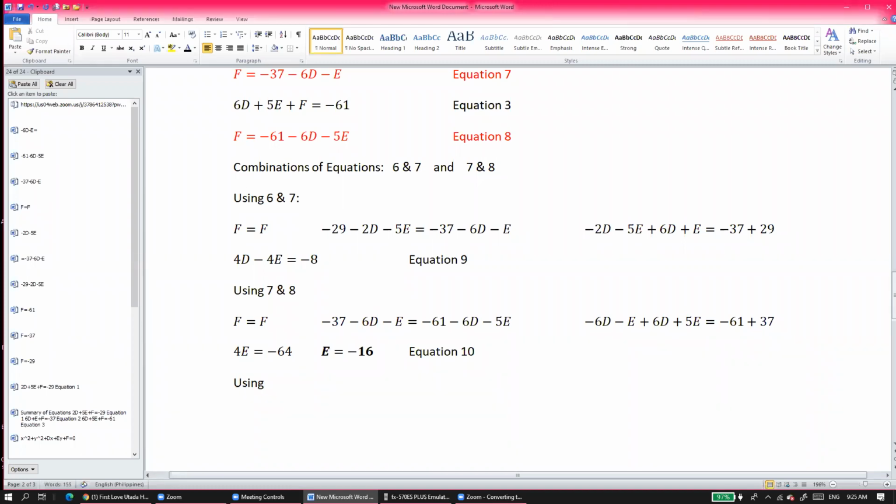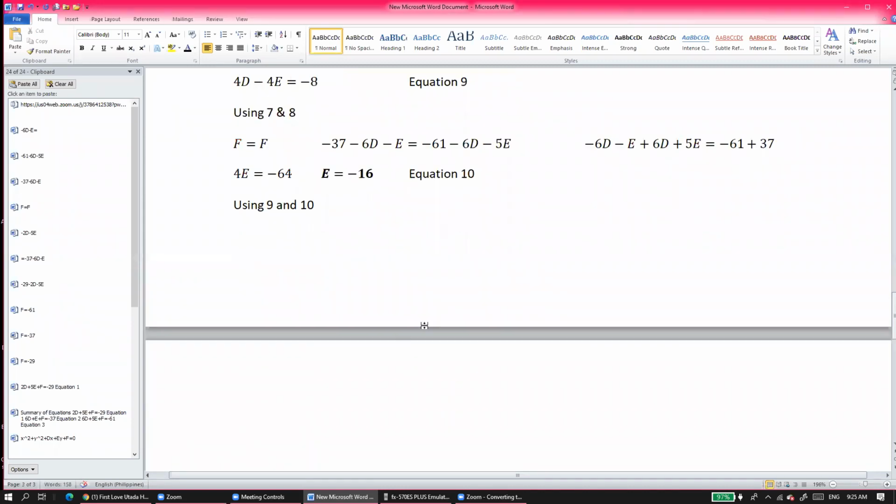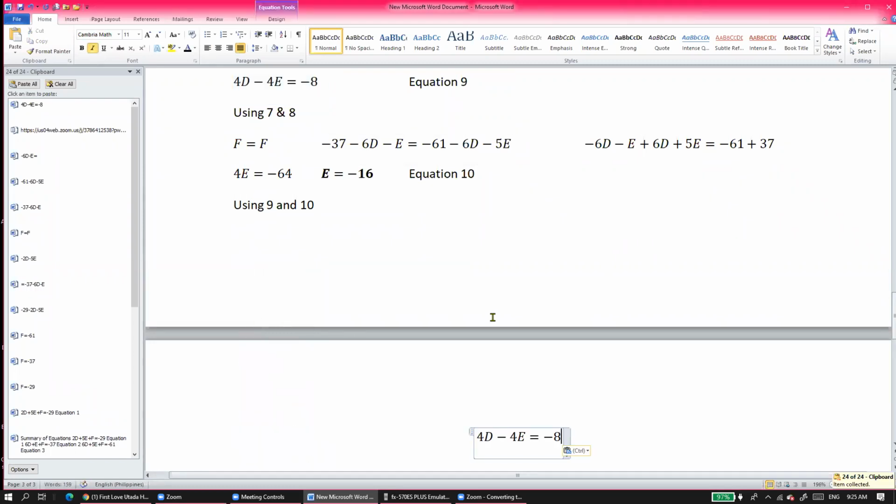So ano yung susunod ngayon? Using 9 and 10. Yung equation 9 and 10 naman natin ang ating i-equate. Ito yung equation 9 natin. And so happen na ang value ng e daw is negative 16.